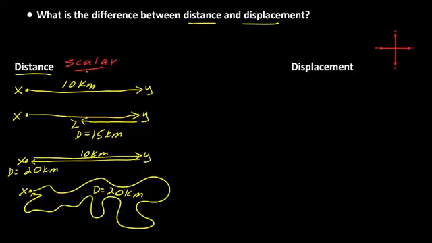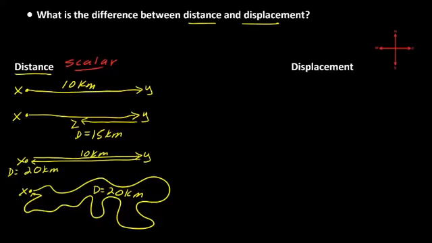Going back to the previous lesson, remember that distance is a scalar measurement because it has a quantity and a unit of measurement. That's all it has. That makes it a scalar measurement. So here's what you want to remember: distance is the total length of the path traveled from the origin to the ending point, and it is a scalar measurement.